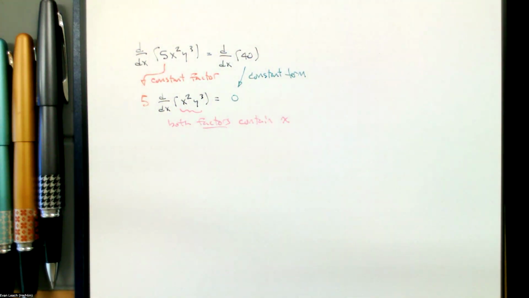We want to imagine both of those factors containing x. And since they are factors, when we want the derivative of factors, we have to use the product rule.